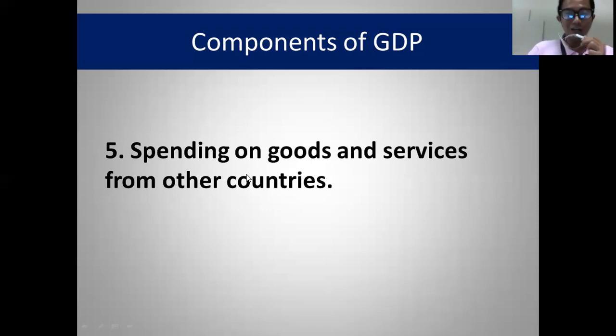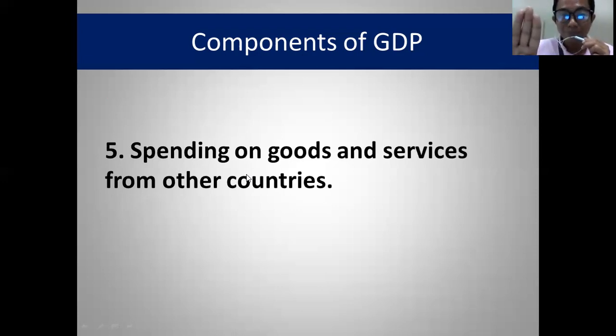So let's recall the five components of GDP slash the aggregate demand. First, consumer spending. Second, investment spending or investment expenditure by the business firm. Third, government spending.